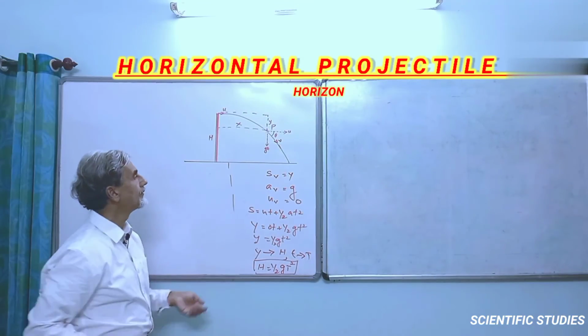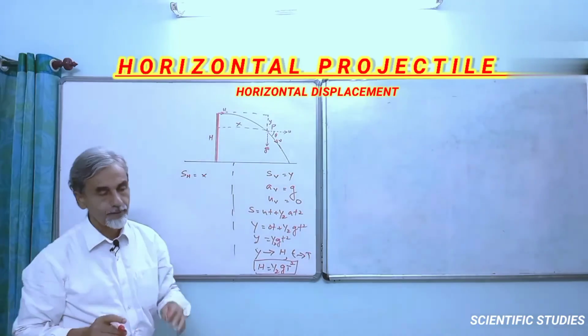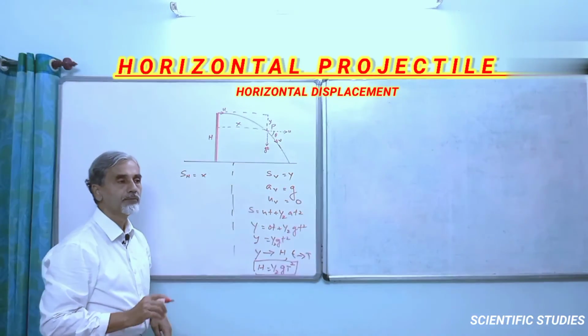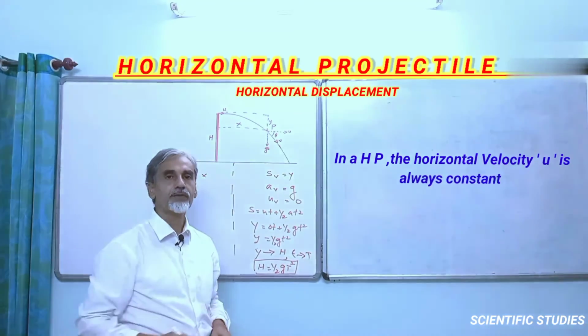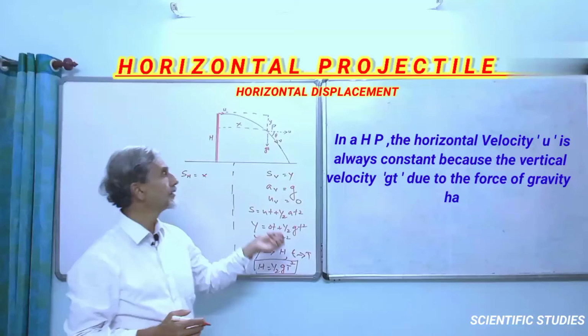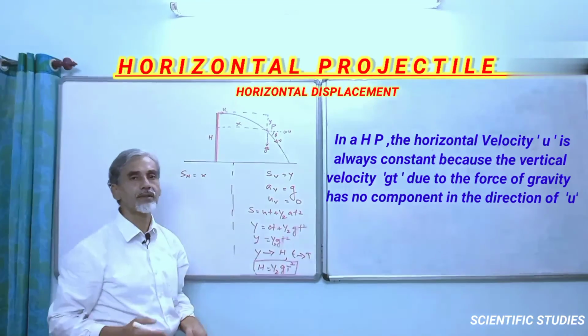And when we consider the horizontal displacement, the body has no acceleration in the horizontal direction because the velocity due to the force of gravity has no component in the direction of the initial velocity. So the initial velocity is always constant in this horizontal projectile.